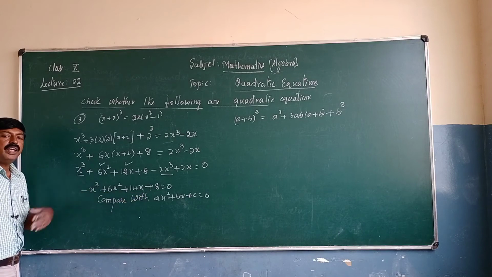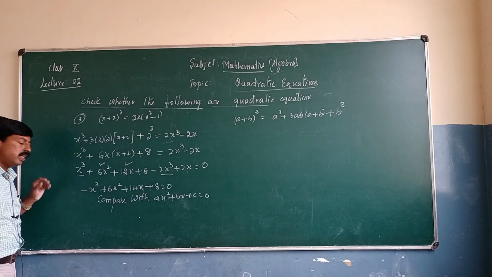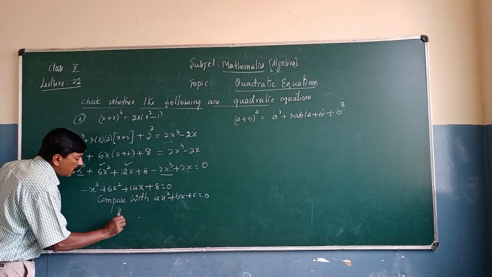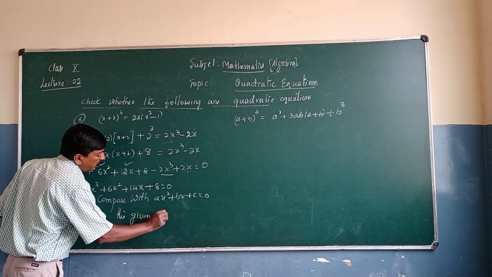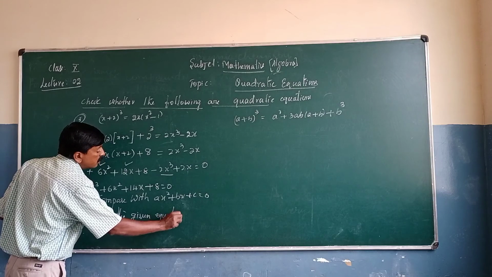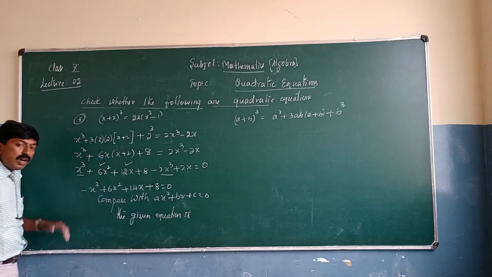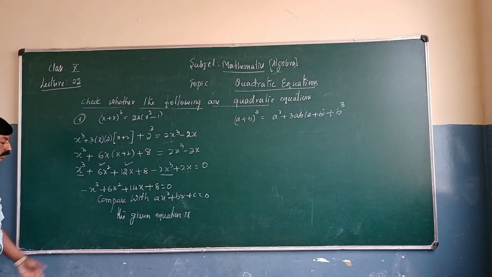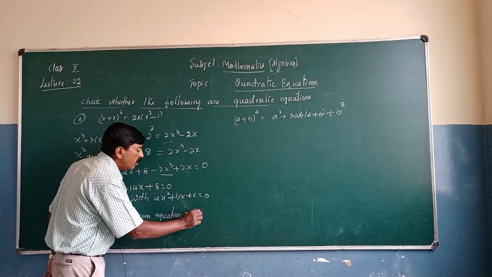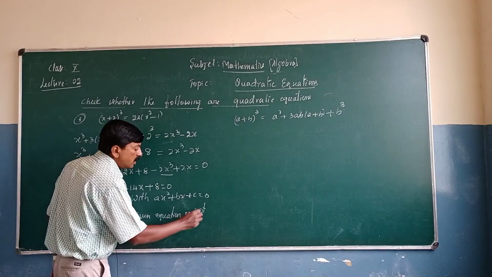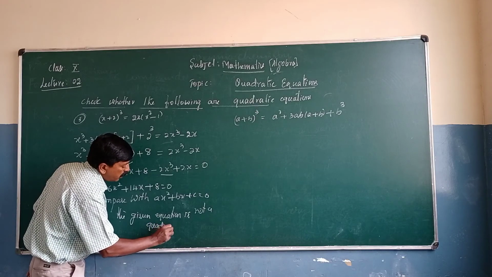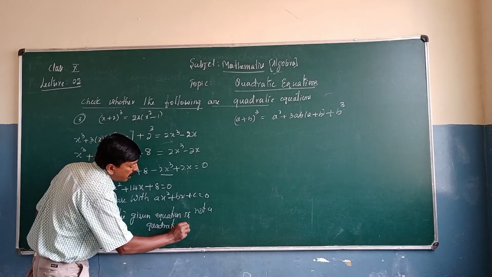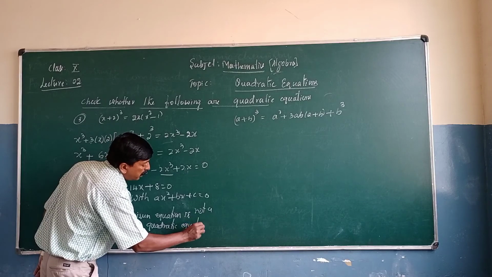Now here the highest degree is 2, here highest degree is 3. Therefore, the given equation, is it a quadratic equation or not? Not a quadratic equation. The given equation is not a quadratic equation. Why is it not a quadratic equation?